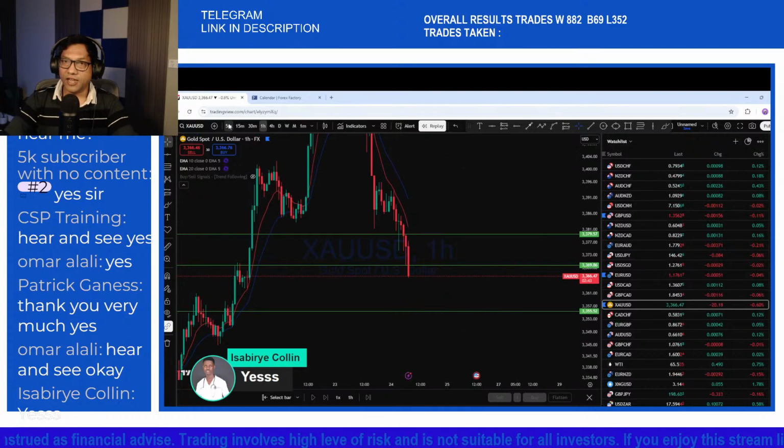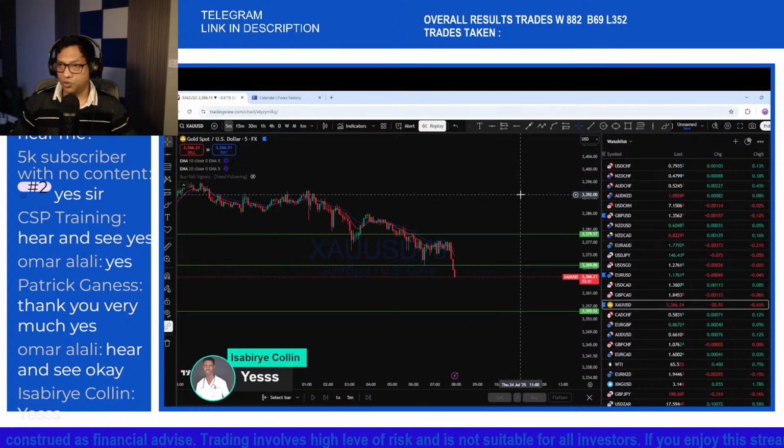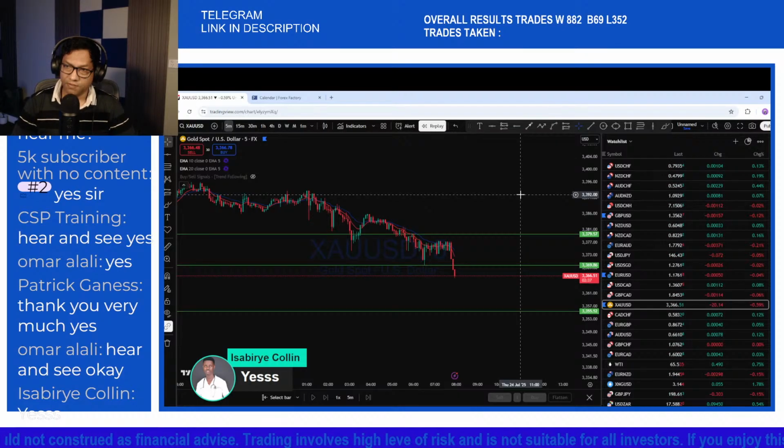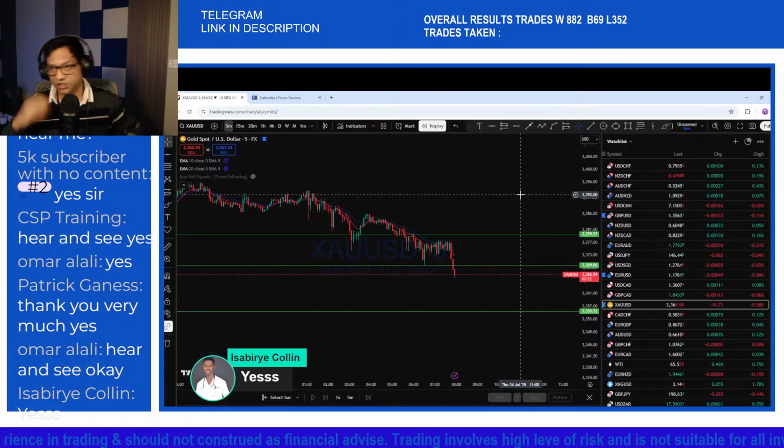So I'm looking again at the 5 minute chart for a possible entry, which is showing a highly bearish market at the moment, and we'll be waiting for price action confirmation for an entry opportunity. We could see the price drop back to the 3355 level, which is the daily 20 EMA.